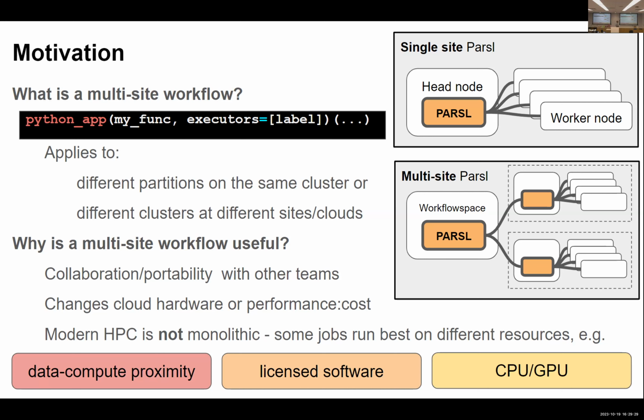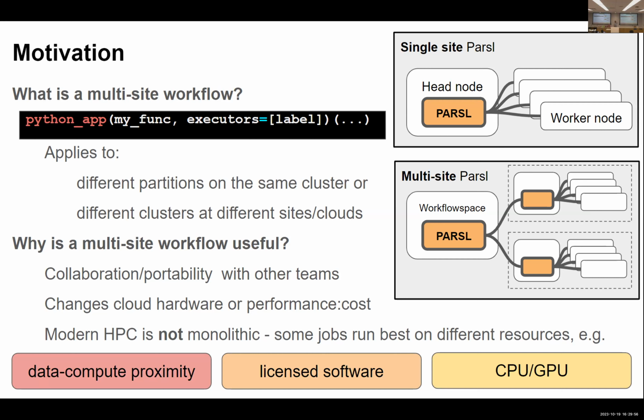And you would do that through the Parsl Python app, where you can specify what kind of executor you want. This applies to different partitions on the same cluster, or different clusters at different locations or on different clouds. And this is really useful because work can be portable from one site to another.